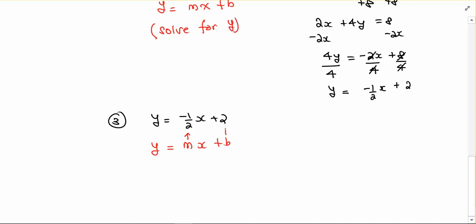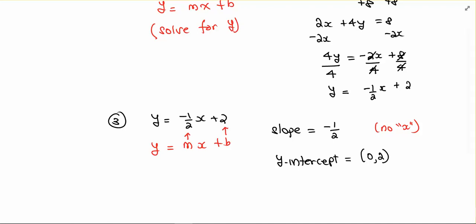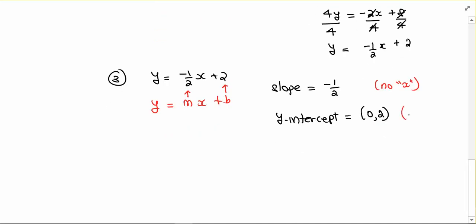So the slope m is equal to negative 1 over 2, no x, and then the y-intercept b is equal to (0, 2), always a coordinate. Nice, right?